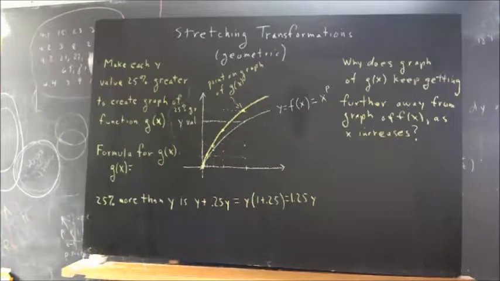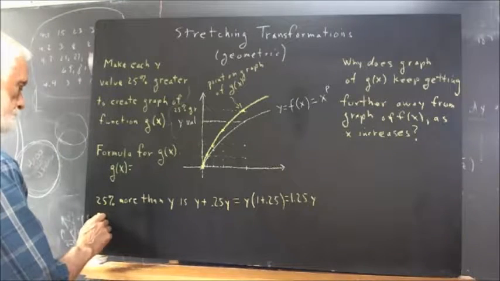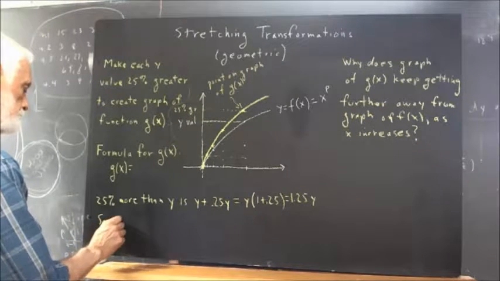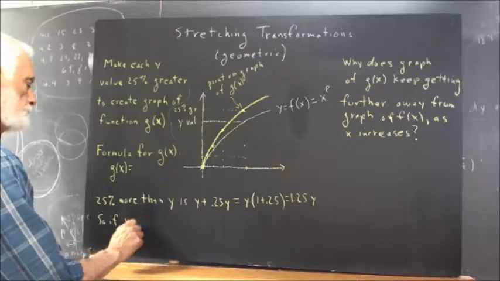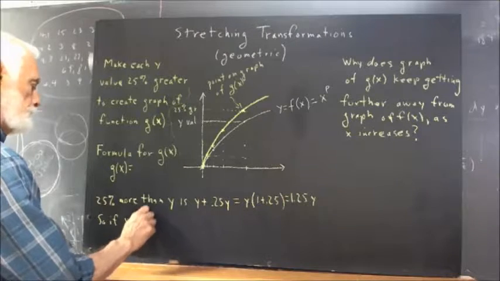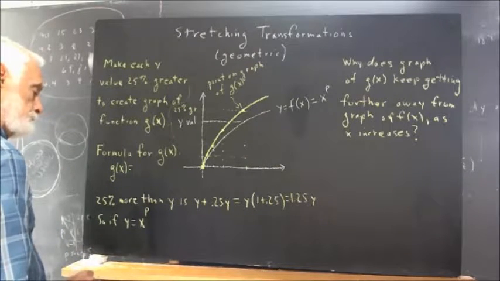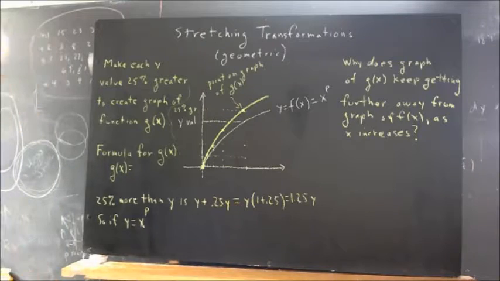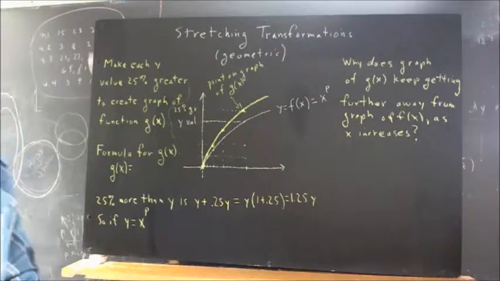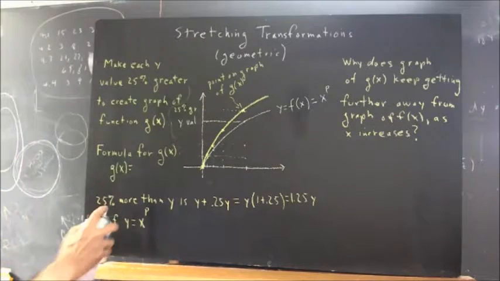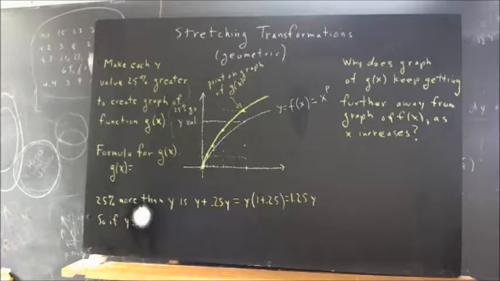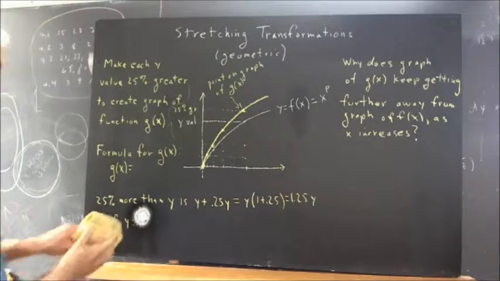Okay, so if y equals x to the p, and I don't want to say it that way, I'm going to do something I don't like to do much of, which is make a correction in front of the camera.